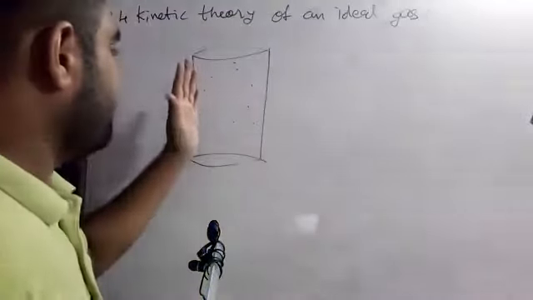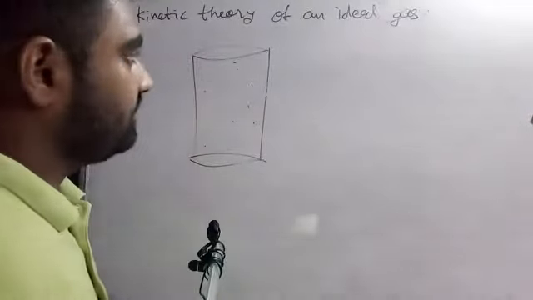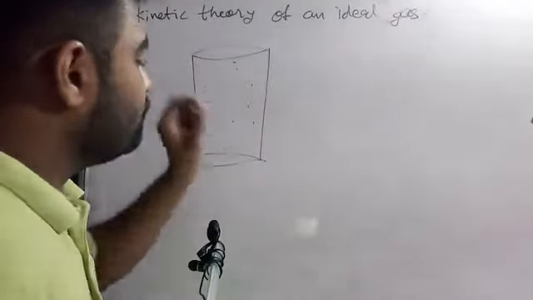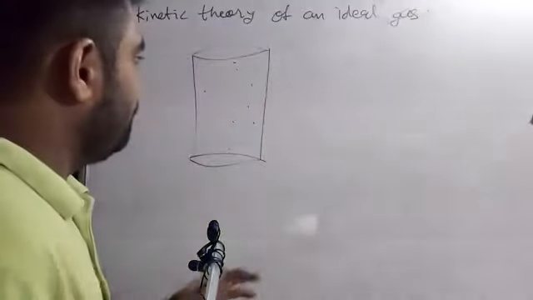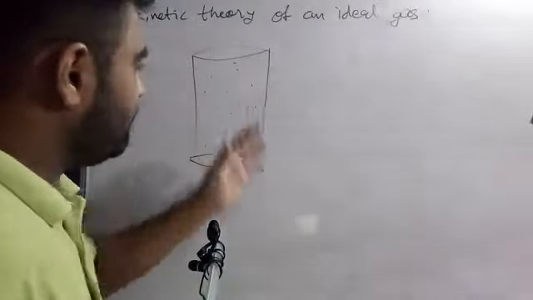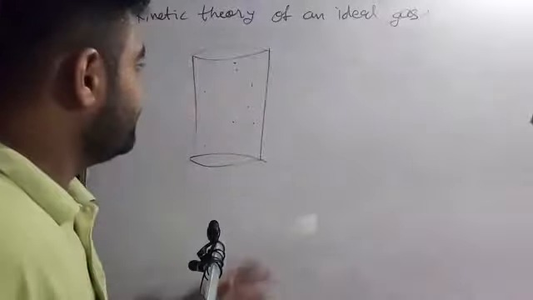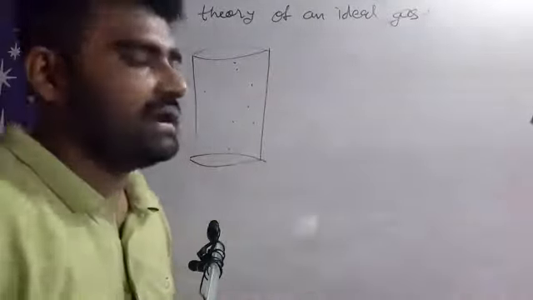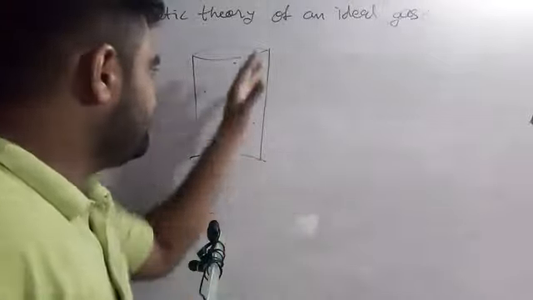For example, this container remains constant, it is at rest, but inside it the atoms are in random motion. If we assume that the majority of atoms are moving in the right-hand direction, then what happens? The cylinder itself would move in the right-hand direction.